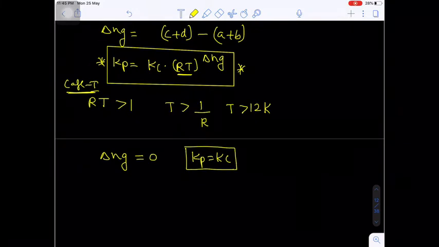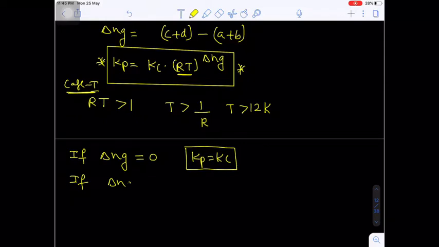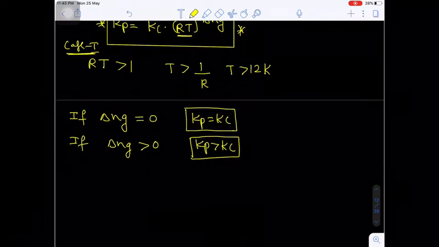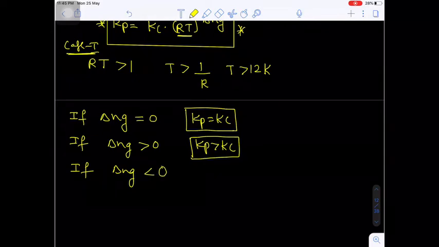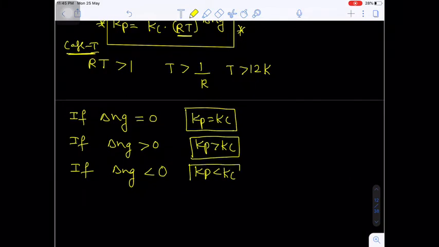Kp becomes Kc if delta Ng becomes 0. Let's suppose if the delta Ng value is positive, then obviously Kp is greater than Kc. Now if delta Ng is less than 0, then Kp is less than Kc.